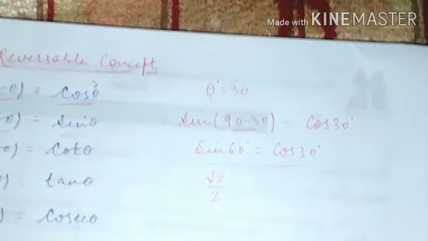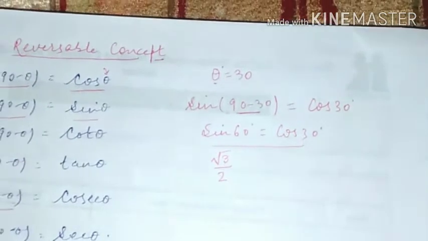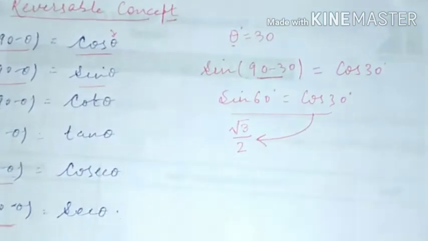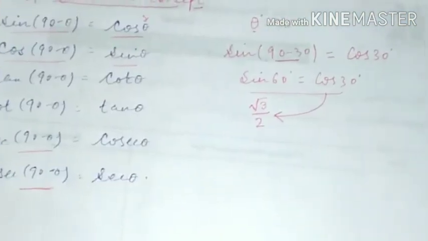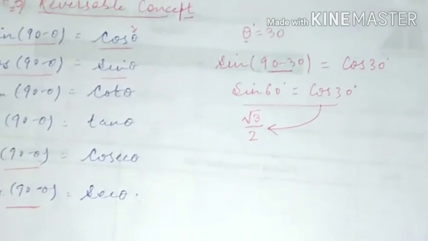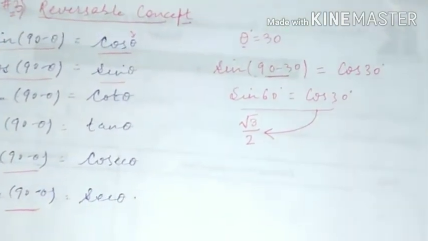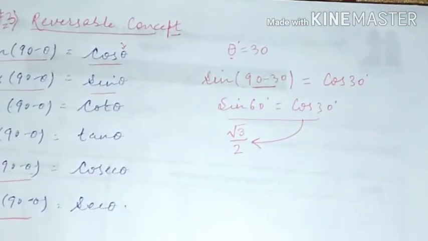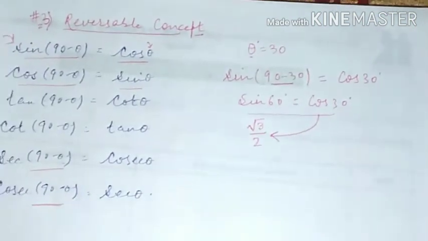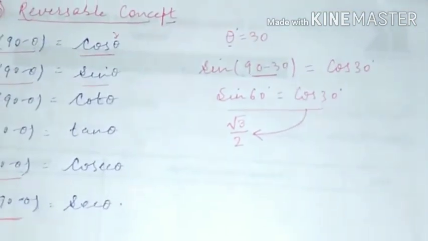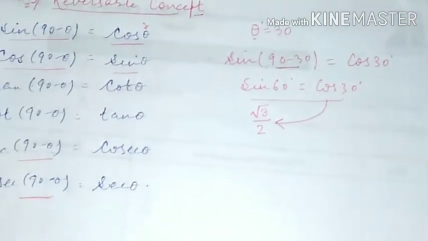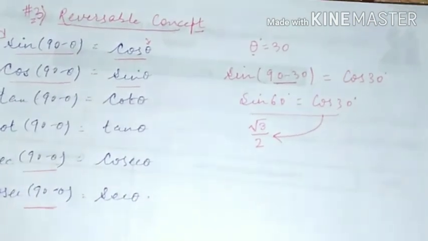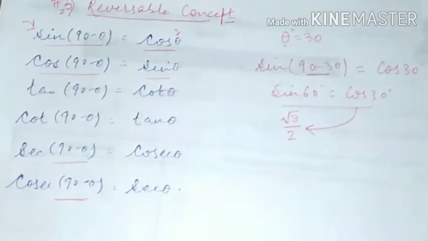So if the value of sin 60 is root 3 upon 2, then the value of cos 30 is also equal to root 3 upon 2. We will use this concept for making the table of all trigonometric functions, so that is why we have discussed this one before discussing the table. Now you can put any value of theta, and you can understand what value of sin theta is equal to what value of cos theta.